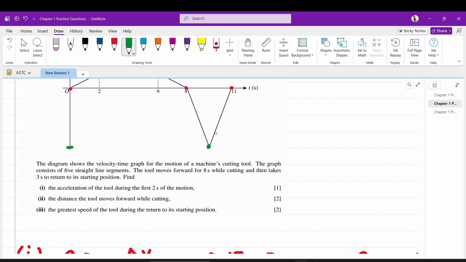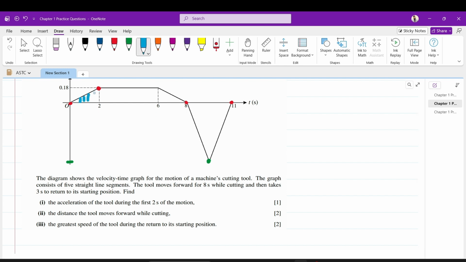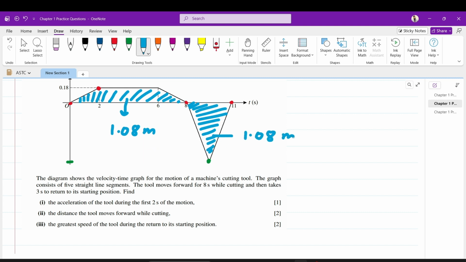Now, what we must understand is it says that it takes 3 seconds to return to its starting position, right? So that means whatever distance was covered in forward direction, that same amount of distance will be covered while it moves back to its starting position. All right, so that means that if this is 1.08 meters, then this is also 1.08 meters. Okay, that's one thing.